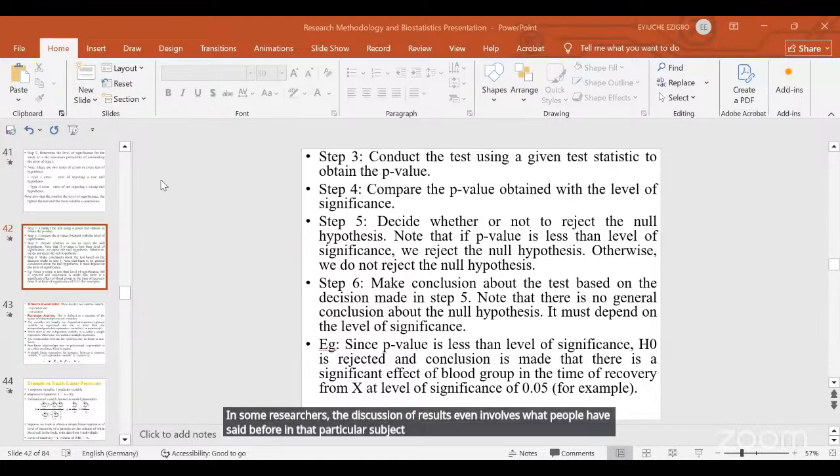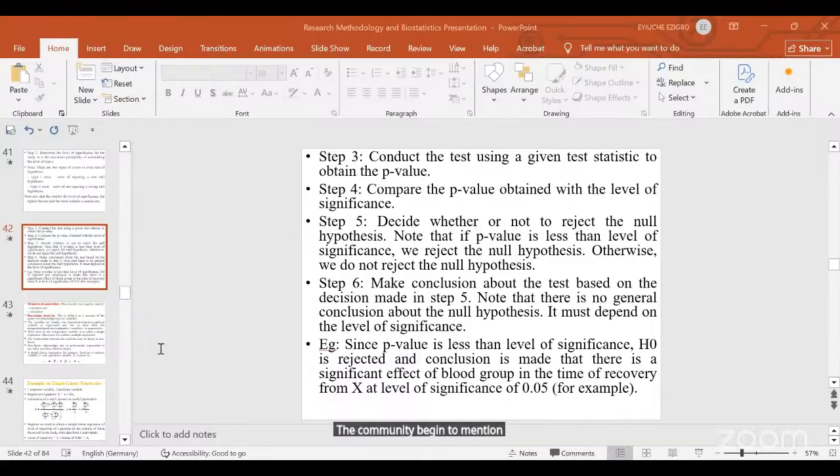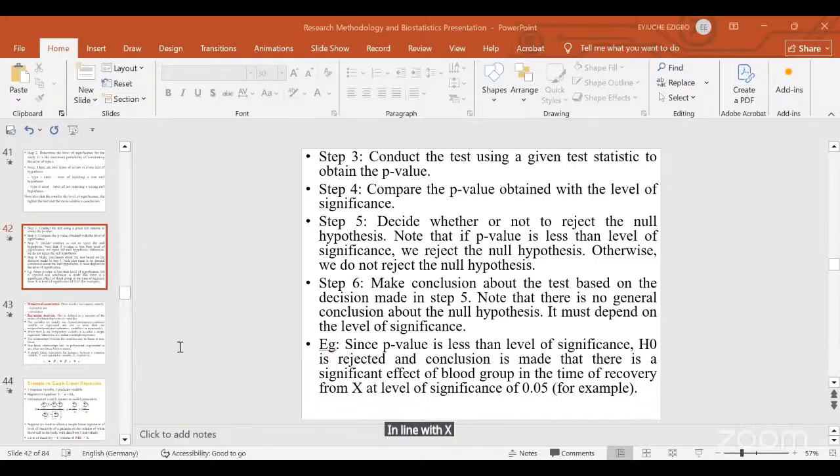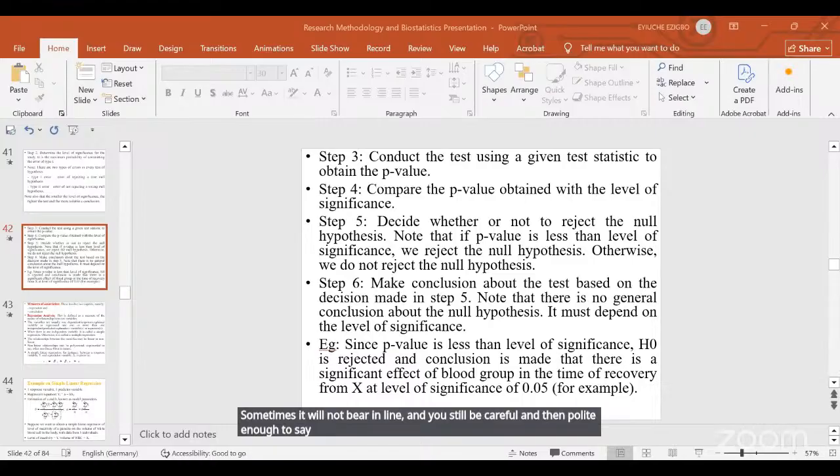Is it not so? You can even begin to mention that this result you have got is in line with this other ABC 2000, and this is in line with XYZ 2000. You understand? Sometimes it will not be in line, and you will still be careful and polite enough to say that this result is not in line with what XYZ reported in 2025.